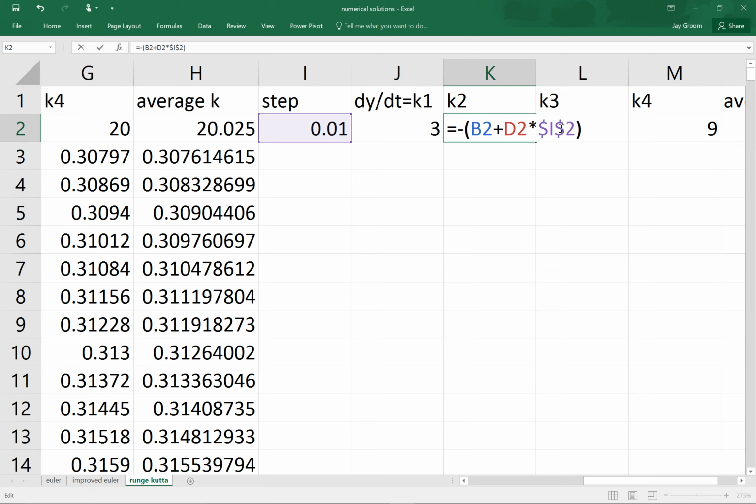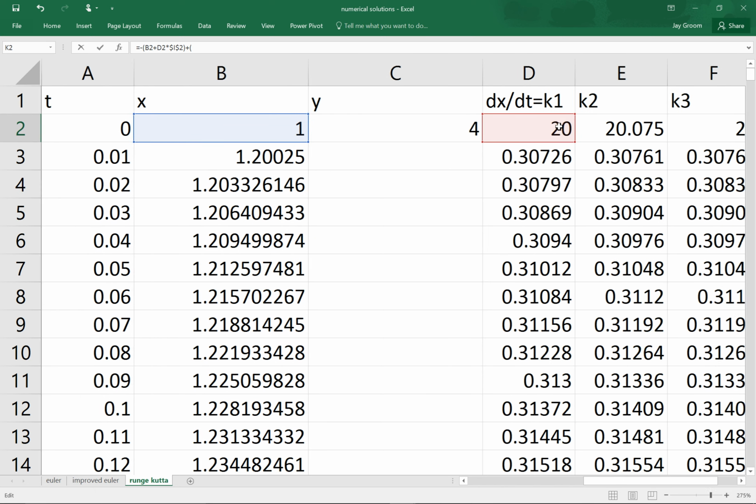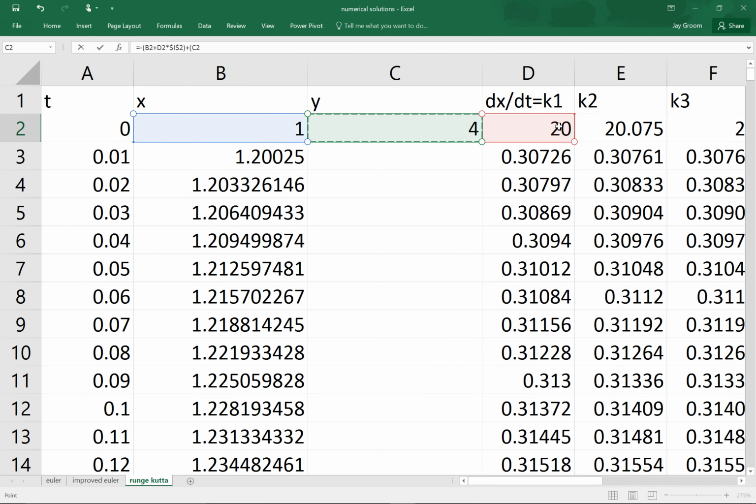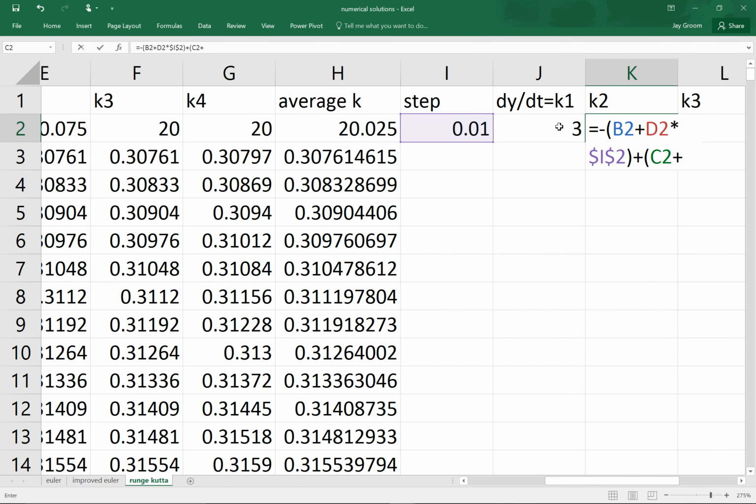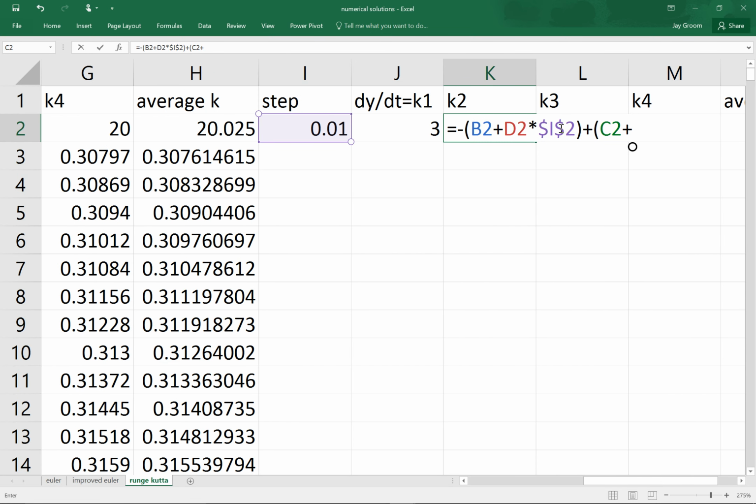So that is my new x plus my new y, and my new y is what? Well, it's the old y, right? Plus the delta y, which is this guy right here. That's the change in y, times the step.